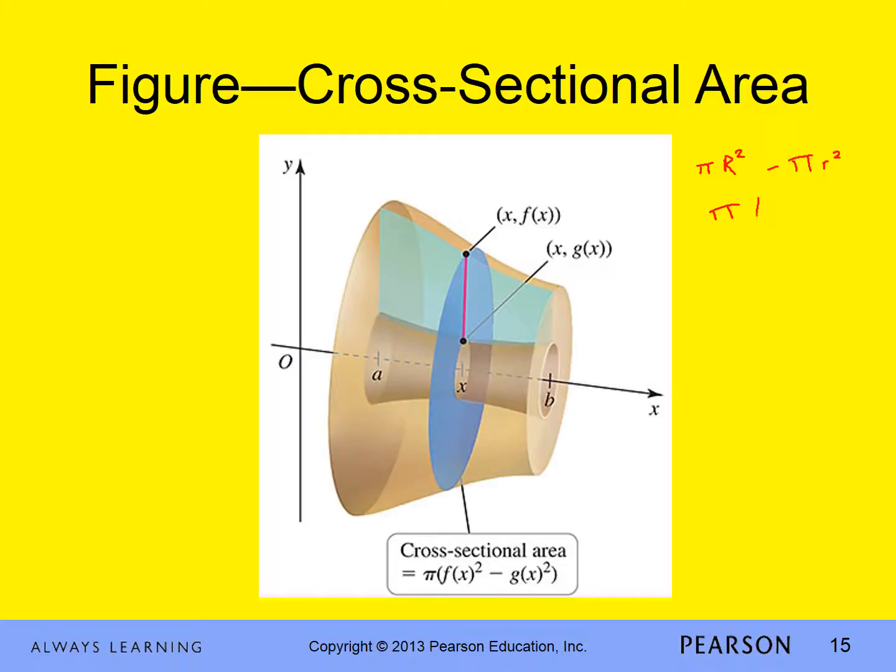We can factor out pi, so big R squared minus little r squared, which is what this is here. Okay, that's the cross-sectional area, and that's our A of x for the integral a to b of A of x dx.